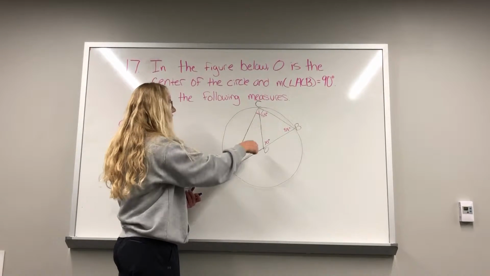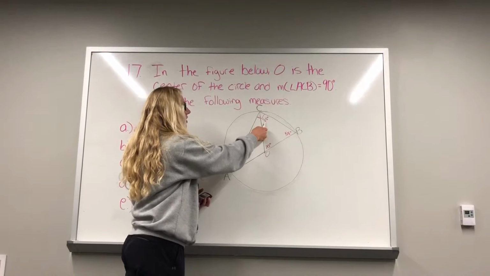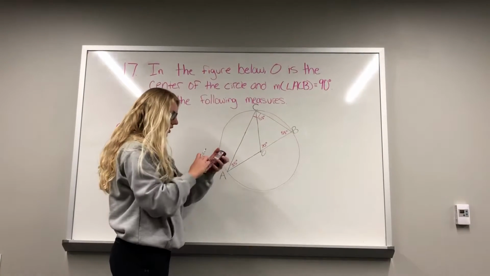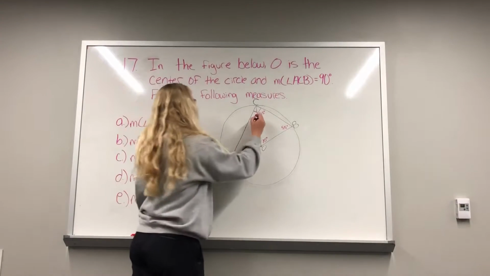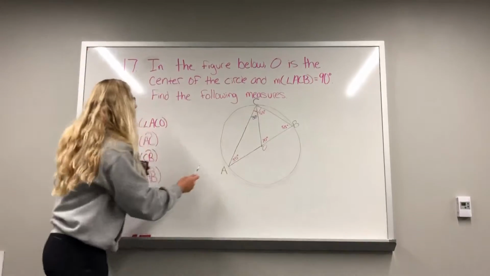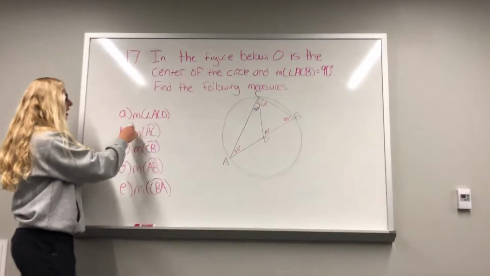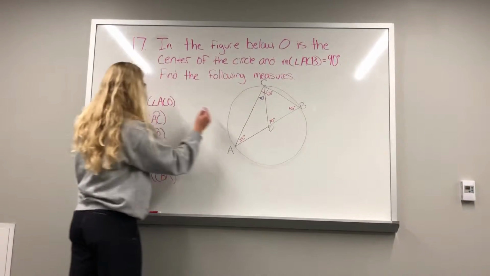So in order to find the complement of this angle, you take 90 minus 55, and that will equal 35 degrees. So there is your answer to question A. The measure of angle ACO is 35 degrees.